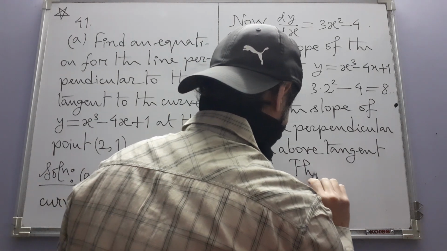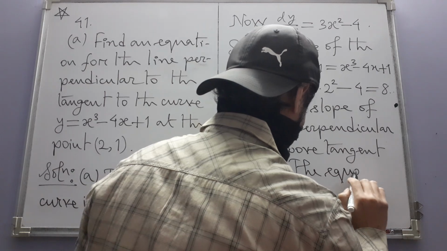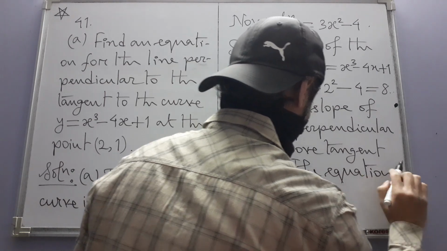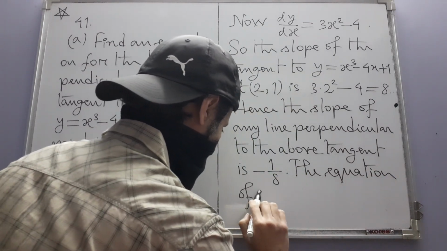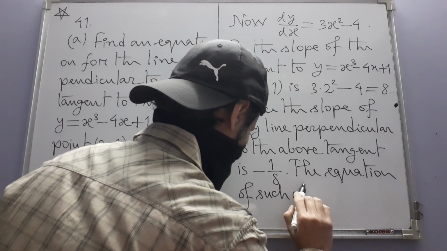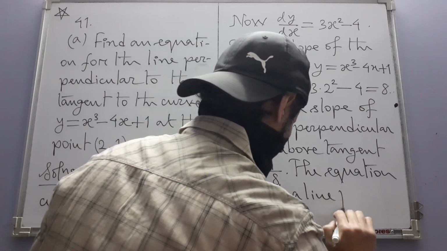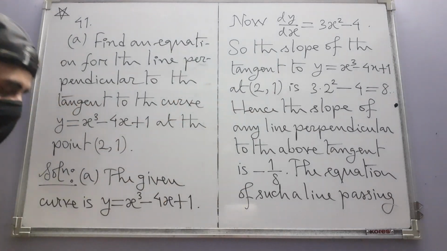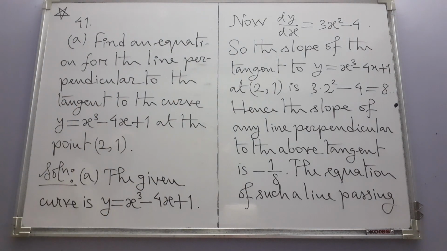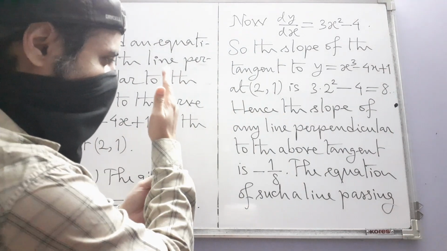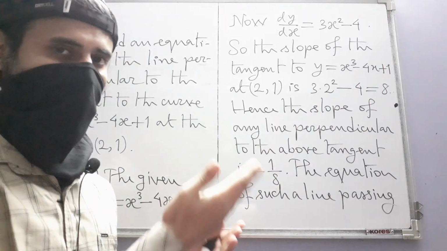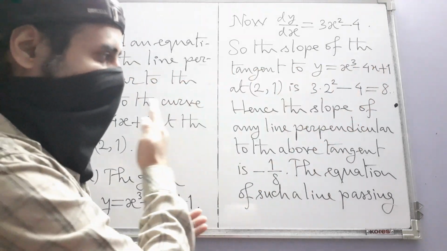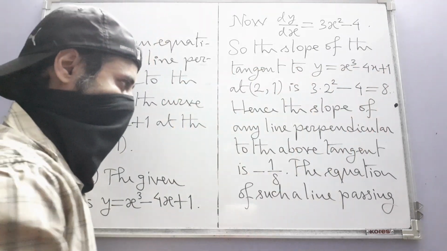The equation of such a line that also passes through that point. I mean, if you have a tangent, there may be many lines, infinitely many lines, all of which are perpendicular to that tangent.